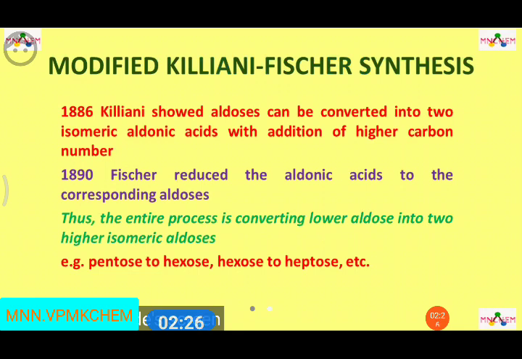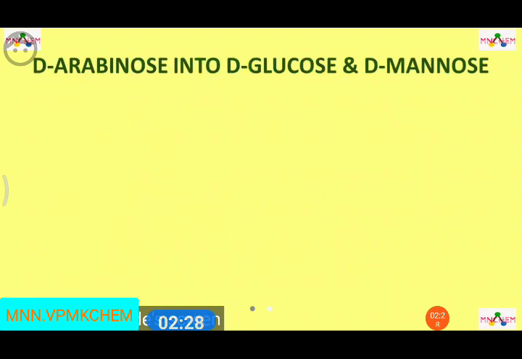Here we are going to discuss conversion of D-Arabinose into D-glucose and D-mannose. D-Arabinose is a 5 carbon sugar, or an aldopentose, which is converted into an aldohexose, two isomers of that, namely D-glucose and D-mannose.